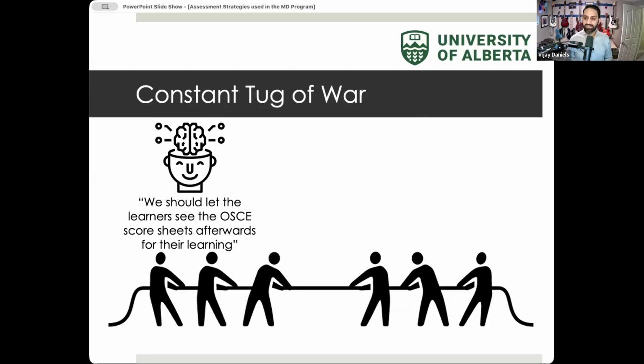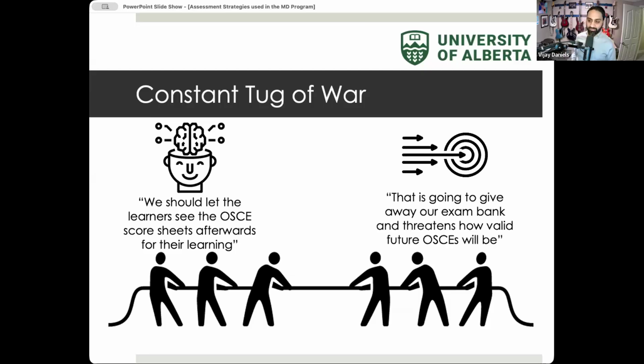However, when you have other more sensitive or complex OSCE stations where what they're testing is something very specific, showing the students the actual checklist may give it away and compromise your exam if shadow exam banks develop as a result of this. So again, it is always a balance in this way.